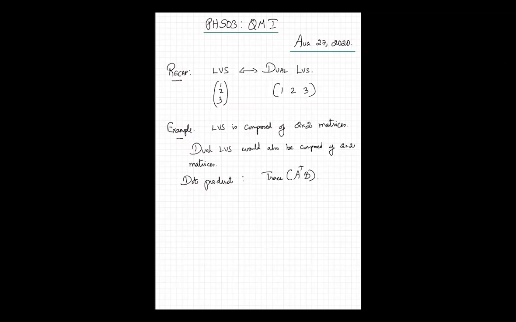Of course, in ordinary Euclidean space, the usual space in which 3-dimensional vectors live, the dot product of 2 vectors is A dot B, which is nothing but a row vector times a column vector.